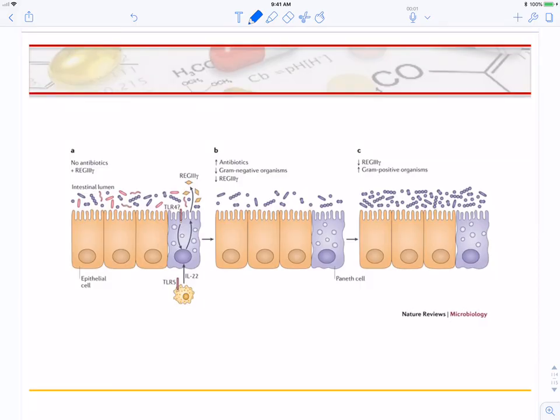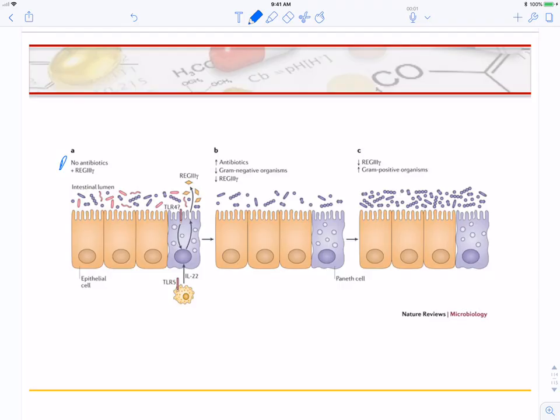So what are the mechanisms that cause this otherwise pretty mild microorganism to become virulent? In the absence of antibiotics, the intestinal lumen contains a variety of gram-positive and gram-negative organisms.